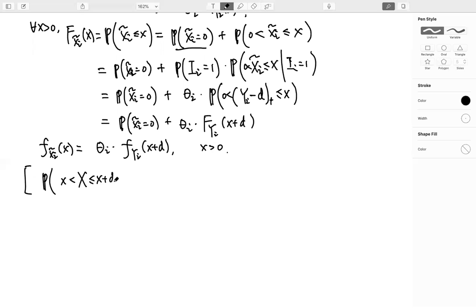For a tiny increment, this is roughly the probability times the increment. You can use this because then dx will be canceled on both sides, and you can work with the PDF. Basically, the argument is that if you have a continuous random variable, talking about the probability at a single point doesn't make any sense. You need an interval. So this dx serves the purpose of giving you an interval.